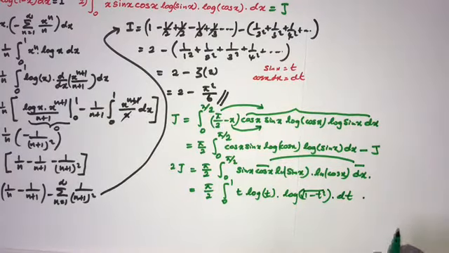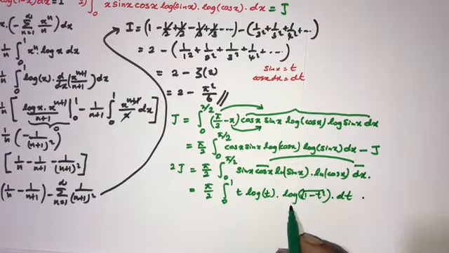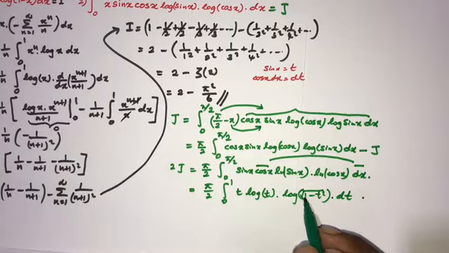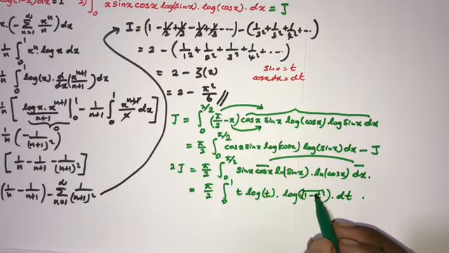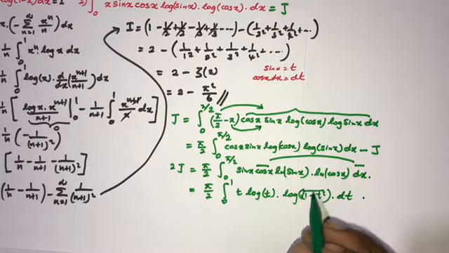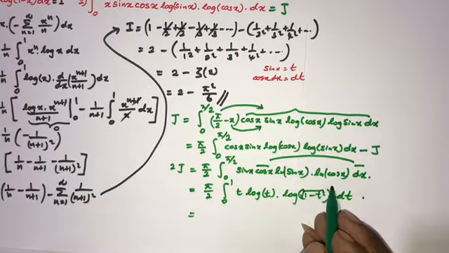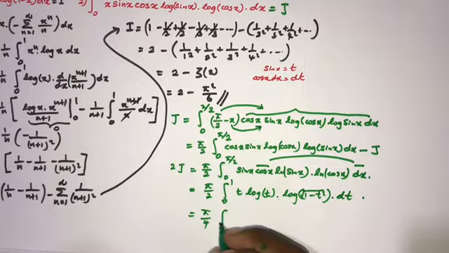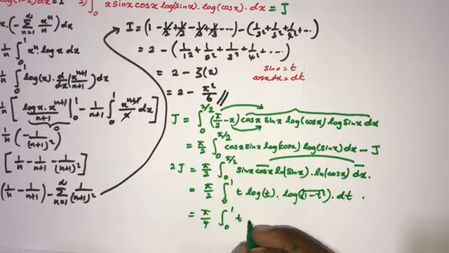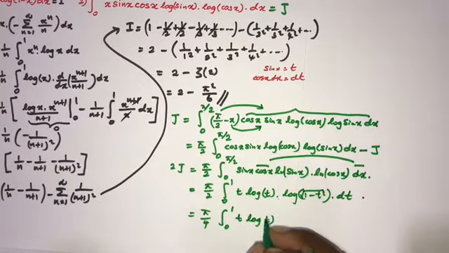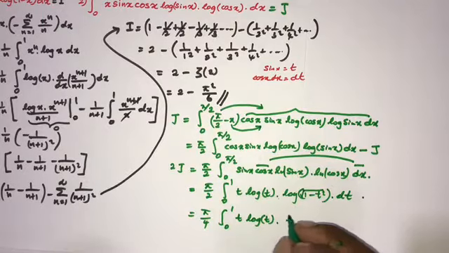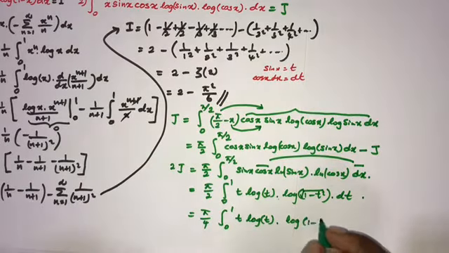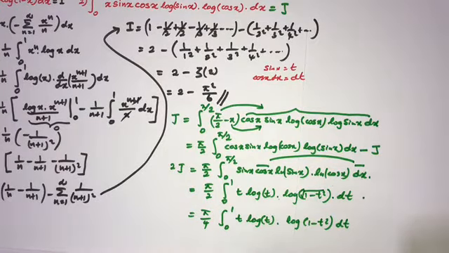Okay, then this square root, we can write as log of 1 minus t squared to the power 1/2. So we can write this 1/2 here. So π over 4 integral from 0 to 1 of t times natural log of t times natural log of 1 minus t squared dt.